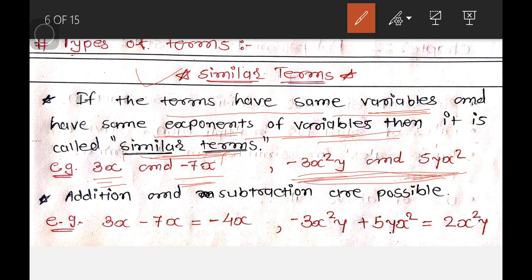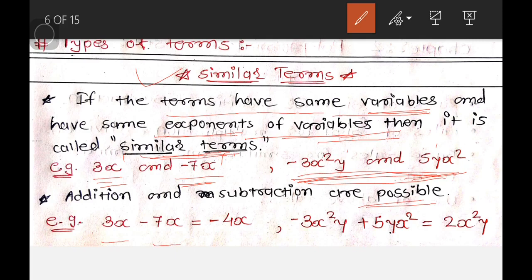Here one thing we note is that in similar terms, addition and subtraction are possible. So if we add or subtract one term from another term, then it is possible. So here is one example, 3x minus 7x.